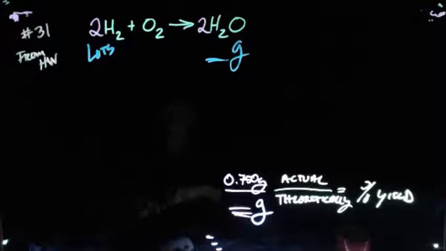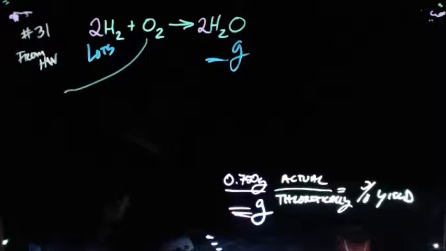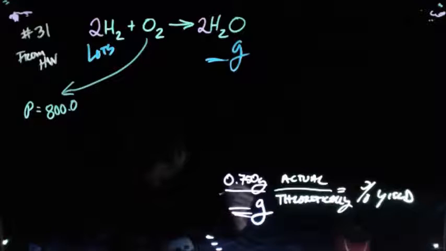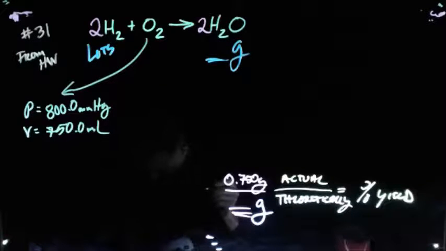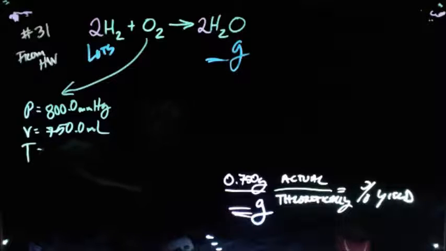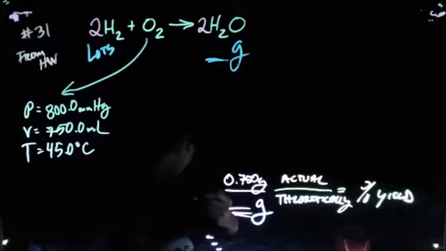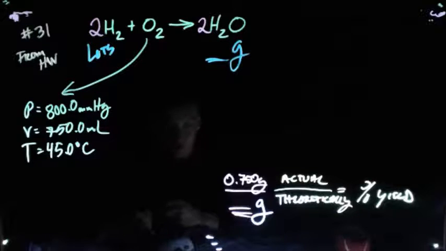For this oxygen, we have a pressure of 800.0 millimeters of mercury, a volume of 750 milliliters, and a temperature of 45 degrees Celsius. That is the extent of the information provided.